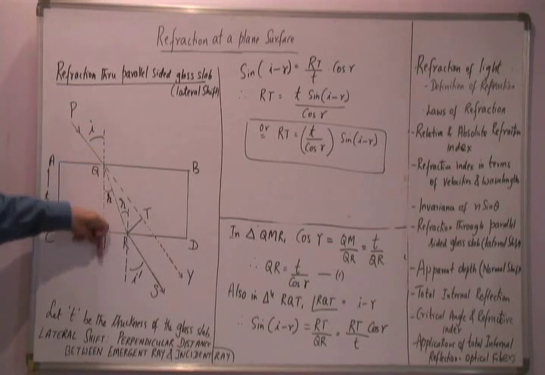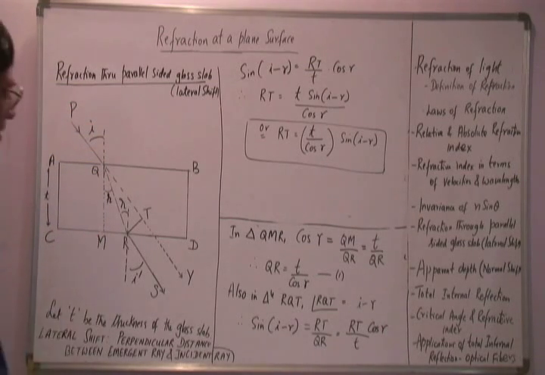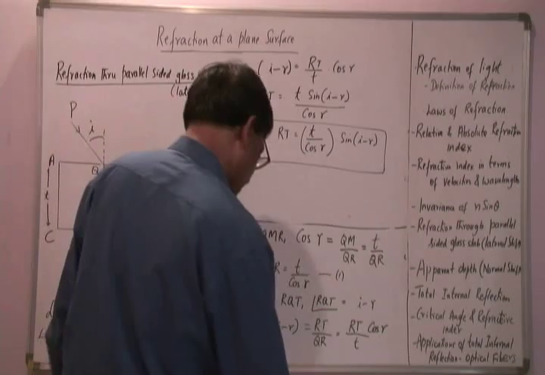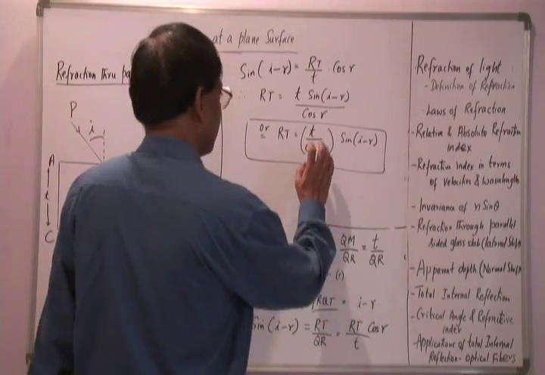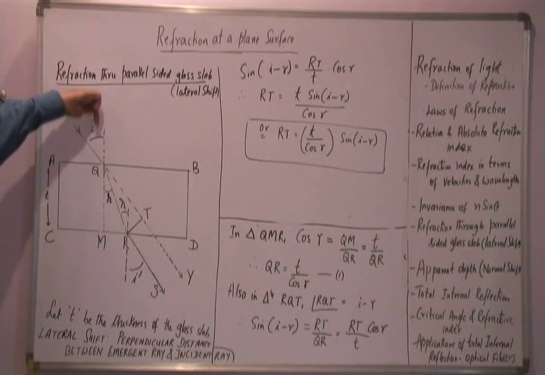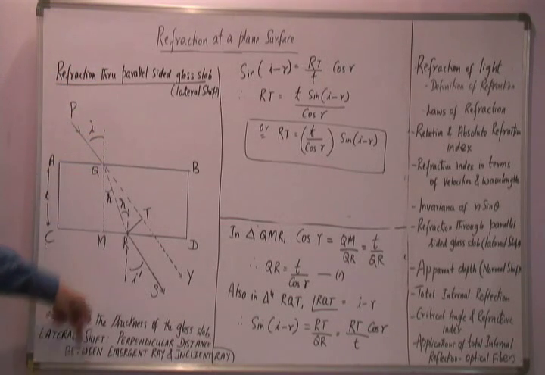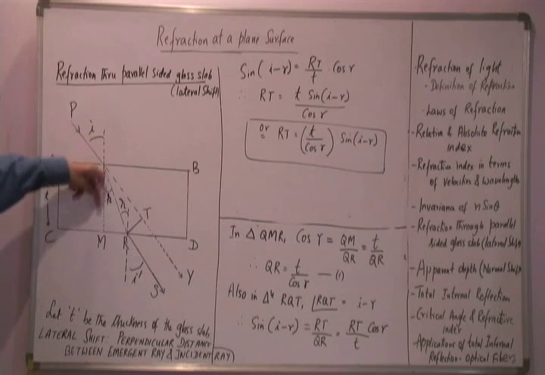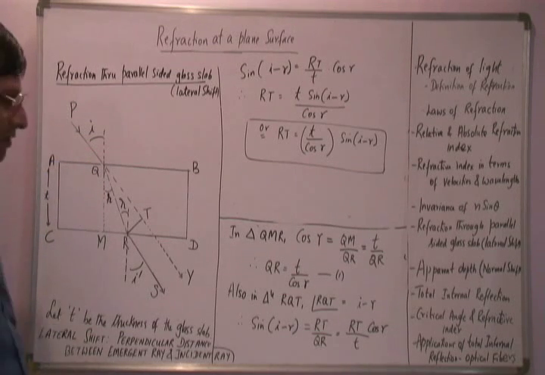The ray travels straight down this path. So one of the things we note is that the lateral shift is 0 when the angle of incidence is 0. When the ray of light is passing along the normal, the lateral shift is not seen.